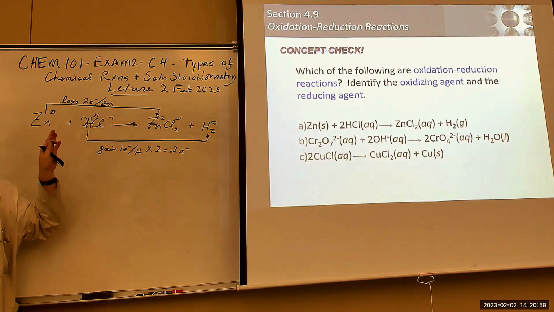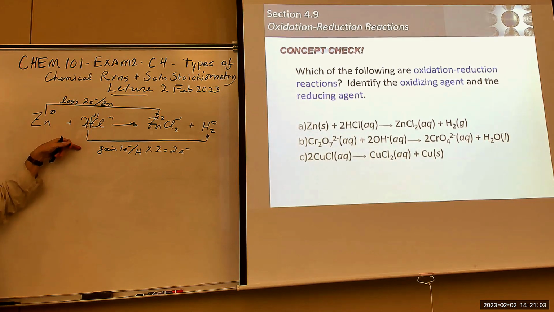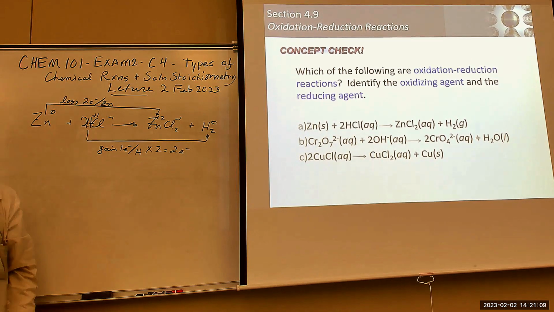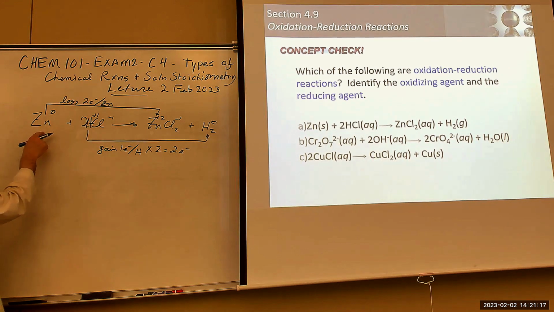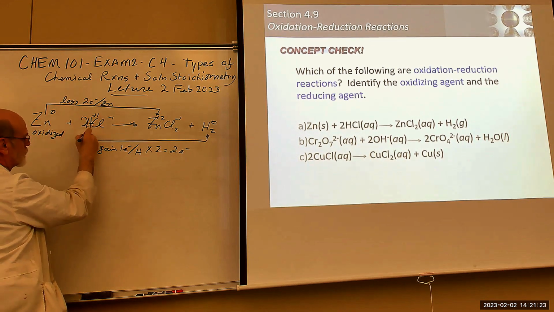That's important, right? This is an oxidation, this is a reduction, and the number of electrons lost is the same number of electrons gained. Okay? Now, we can say this one was oxidized. This one was reduced.